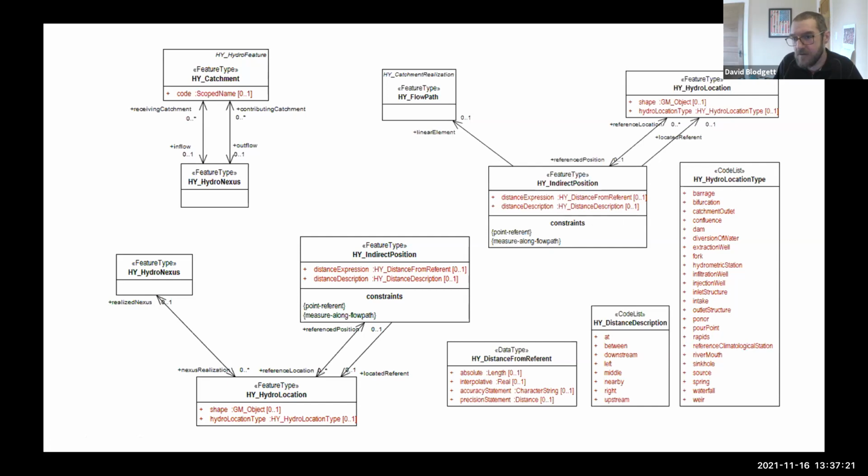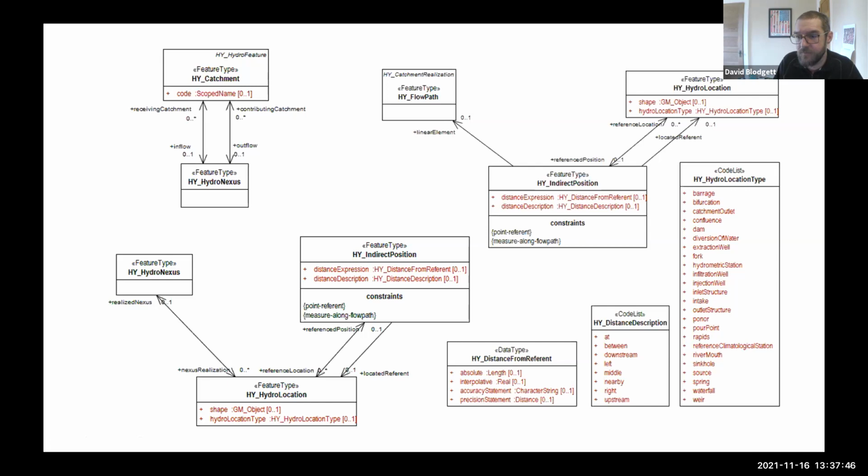If we were to automate the creation of these indirect positions, the question becomes, what information do we need to consistently, reproducibly automate generation of these indirect positions so that we then have an upstream, downstream kind of ordering of things that are along rivers, which is kind of the core need here, right?